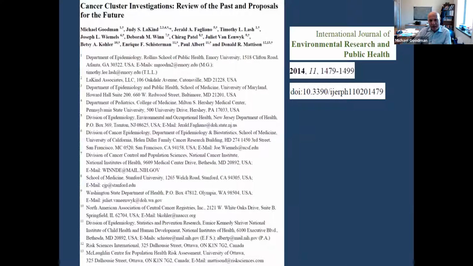And the paper that came out of that workshop includes co-authors who really have done investigations themselves. Some of them work for state health departments, some work for NIH, some work for cancer registry organizations, and some are from academia. And so what I will do, I will try to extend the conversation that we started back then.